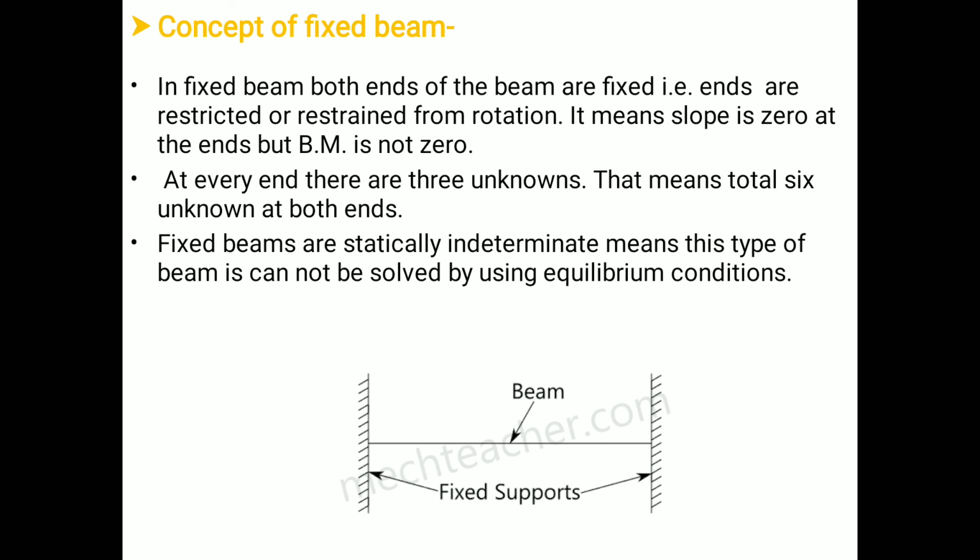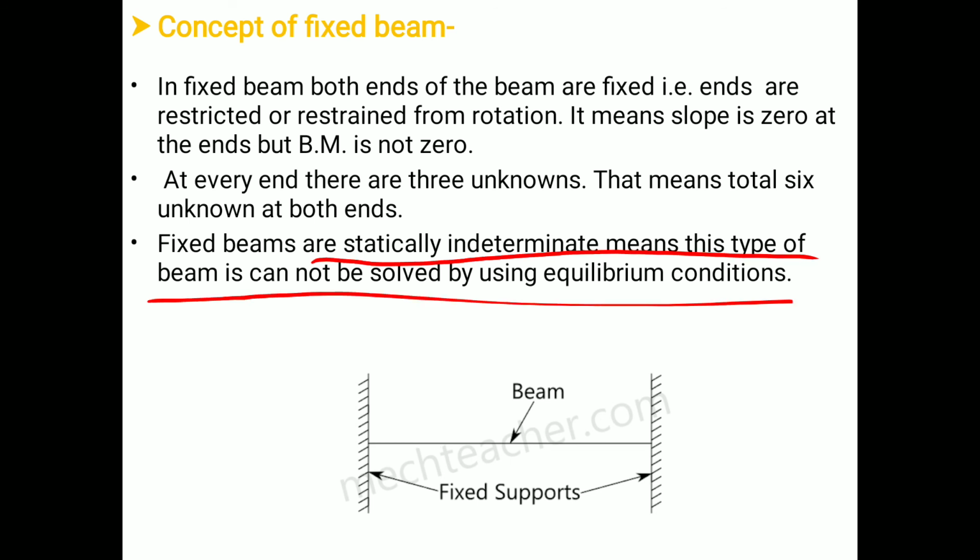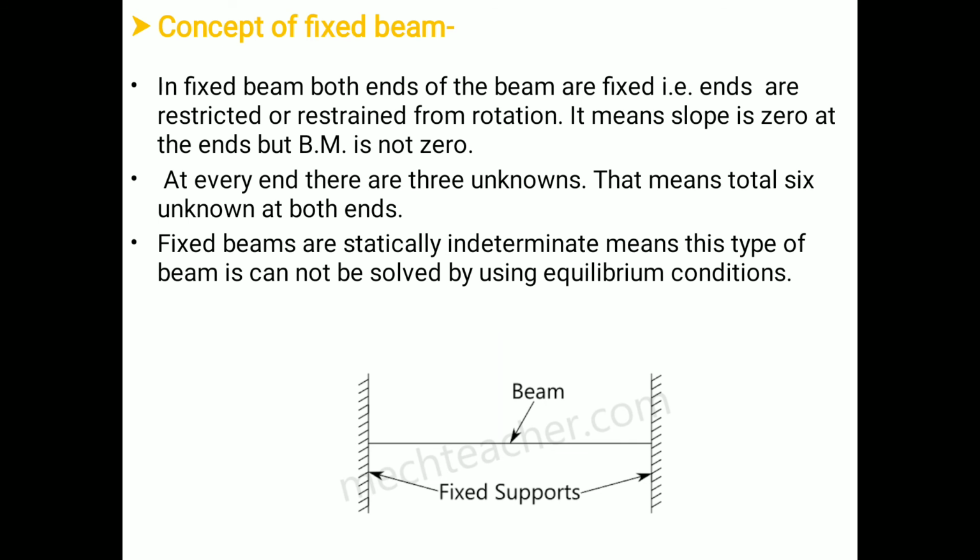So it comes under the statically indeterminate beam. It means that it cannot be solved by the 3 equilibrium conditions. So for that purpose we will require an additional equation to solve an indeterminate beam, and that additional condition will be in the term of deformation of that particular body.